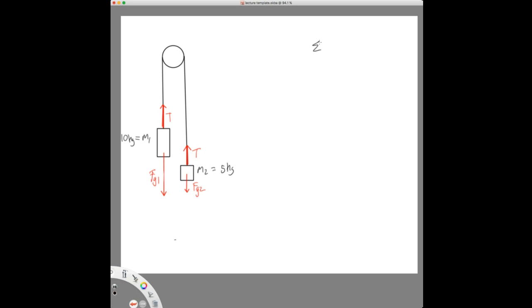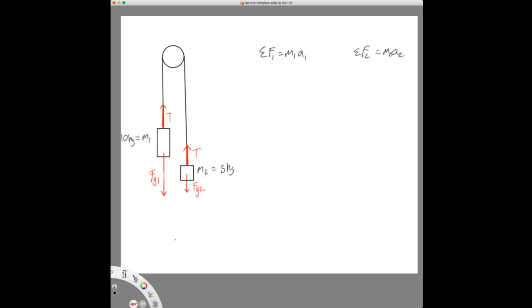Well, I need to write it down for each mass, because I have two masses. So the sum of the forces on mass 1 equals m1 times a1, and the sum of the forces on mass 2 equals m2 times a2.